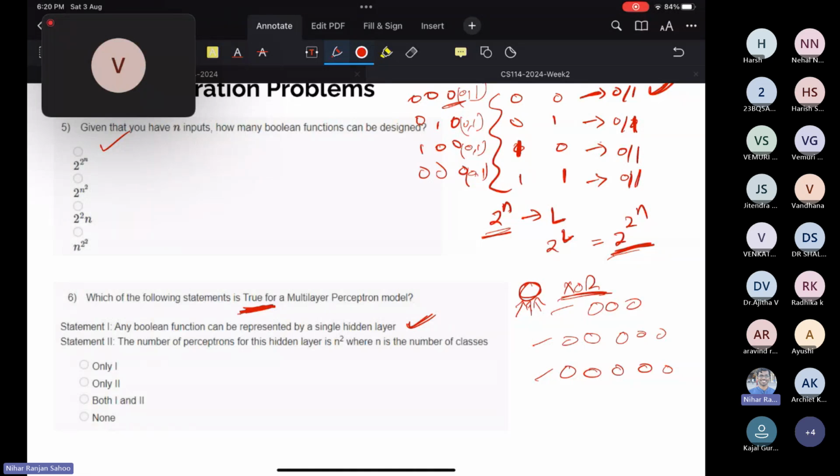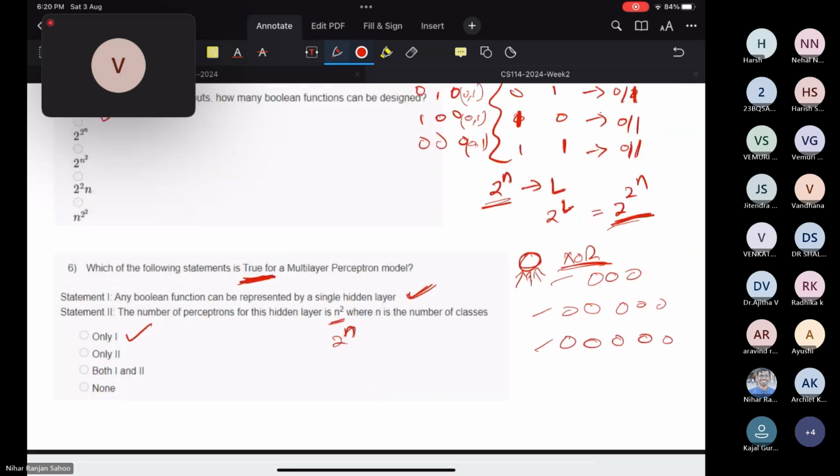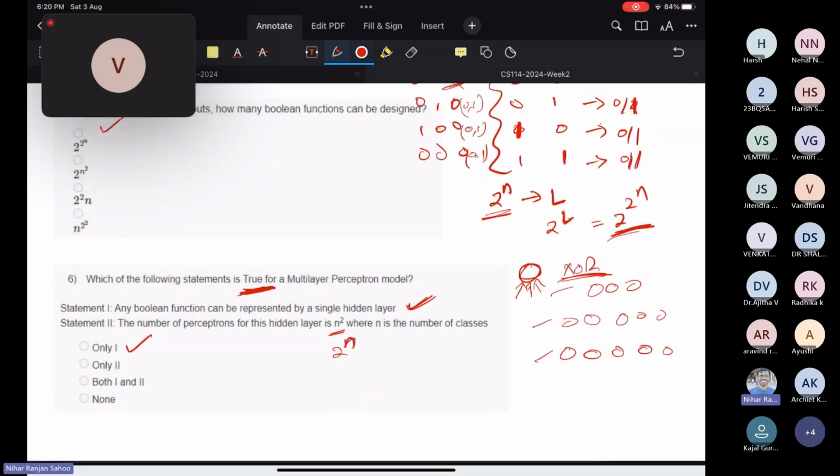Statement 2 says the number of perceptrons for this hidden layer is n square. It's not n square, it's 2 to the power n. So only statement 1 is true. Here n is the number of inputs.